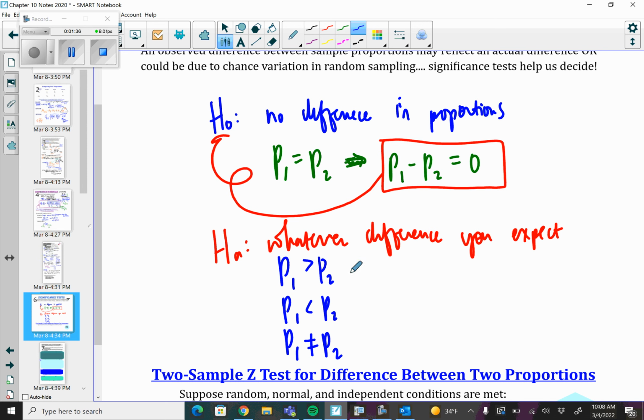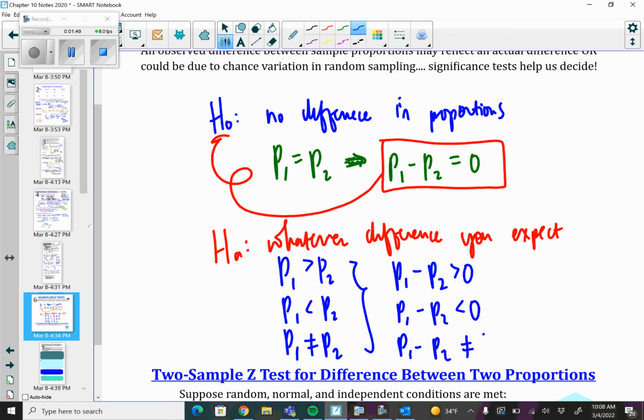Of course, we would change those all to be differences. So P1 minus P2 is positive, P1 minus P2 is negative, or P1 minus P2 is simply not equal to 0. These are going to be our possible alternate hypotheses.